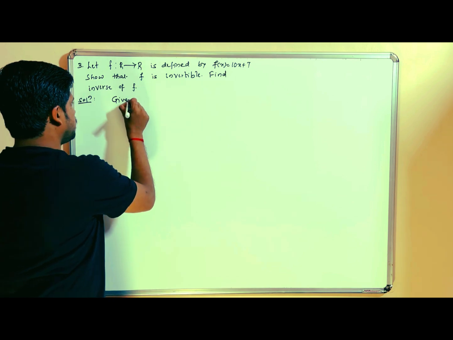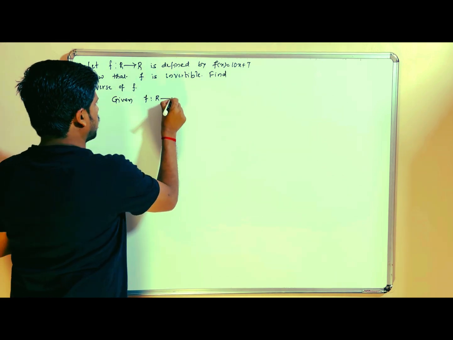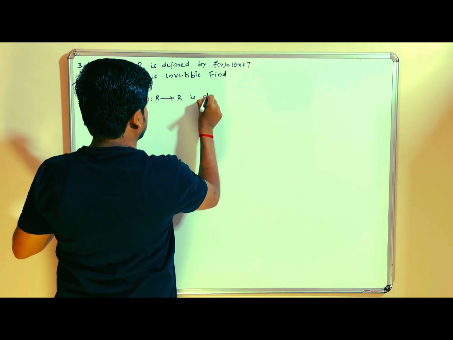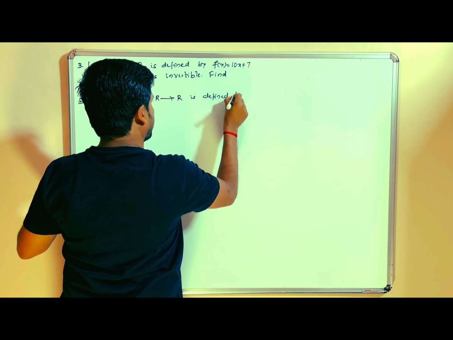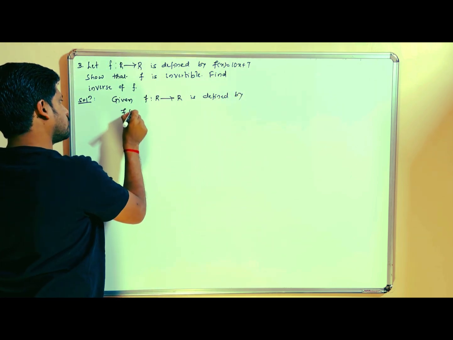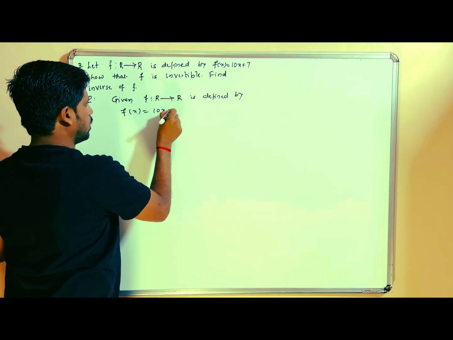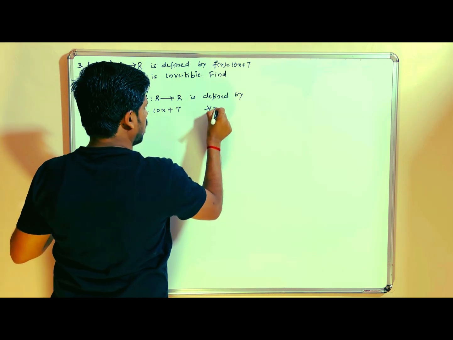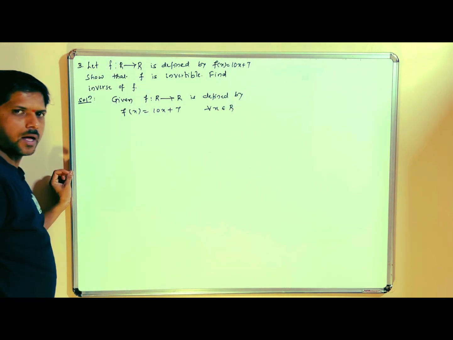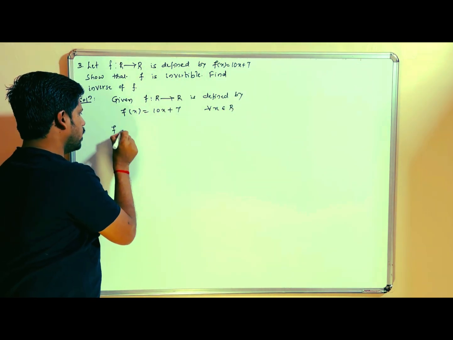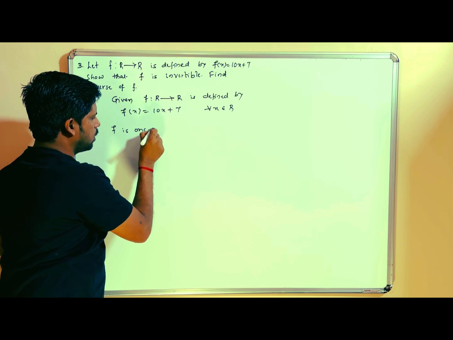So given f from R to R is defined by f of x is equal to 10x plus 7 for all x belongs to R. To show that f is invertible, we have to show that f is one-one here.